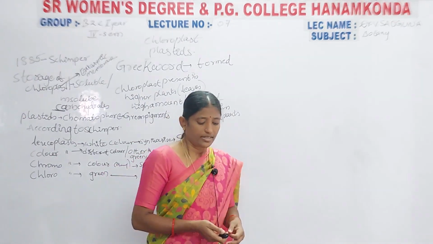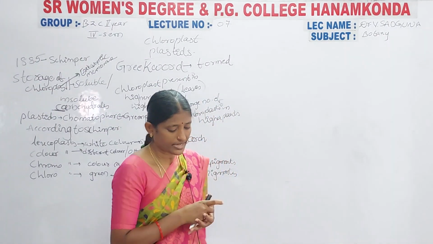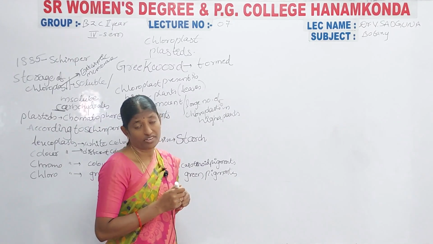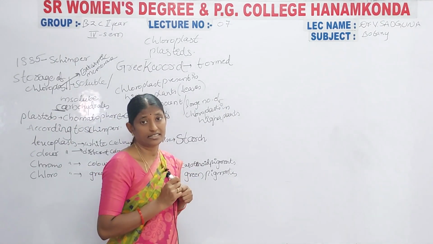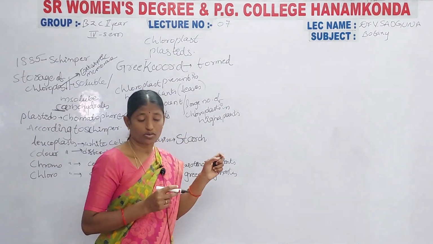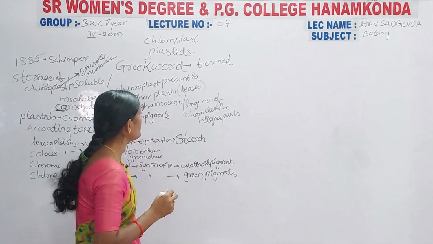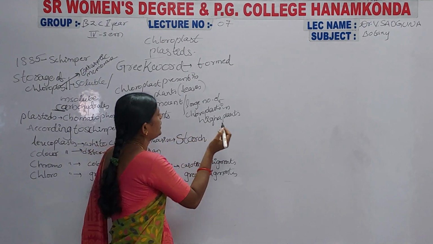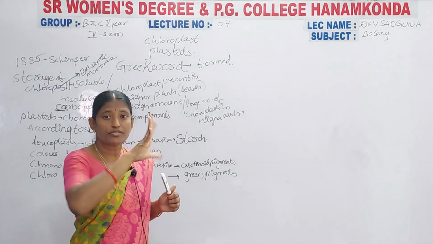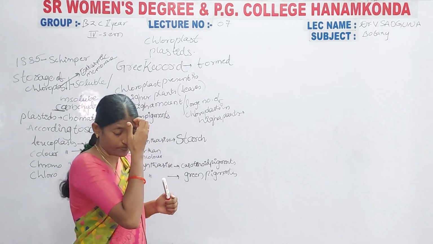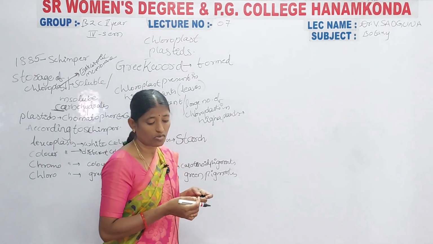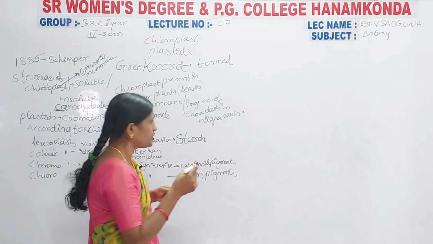The leaves of higher plants have different shapes and sizes, with a large amount of chloroplasts or chlorophylls. Chloroplasts have different structures or shapes, such as ovoid or spheroid.